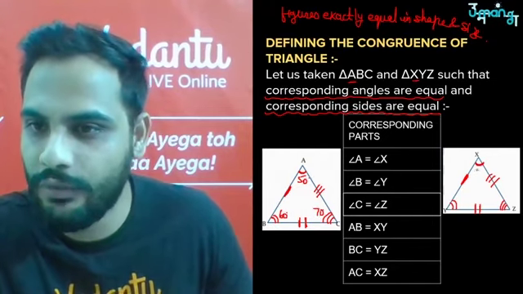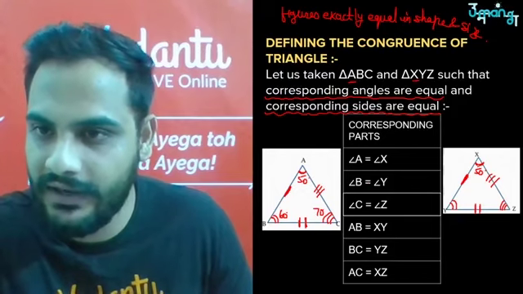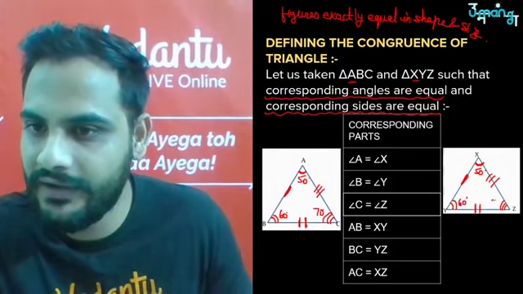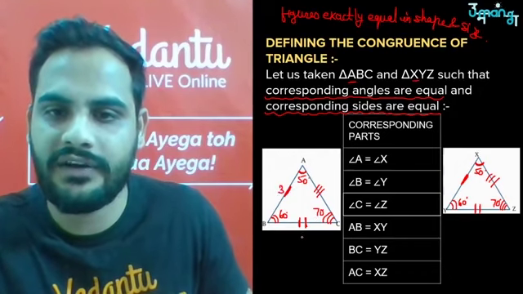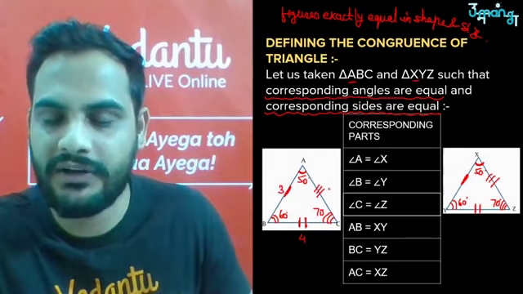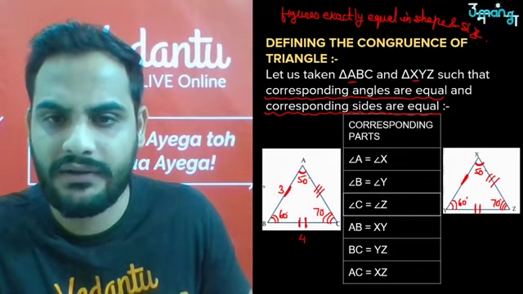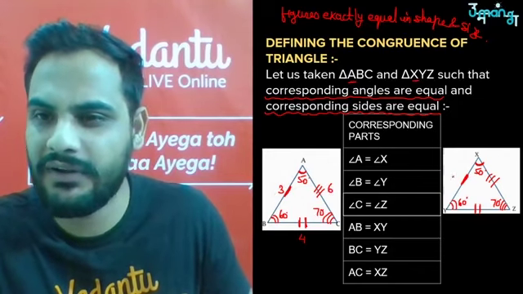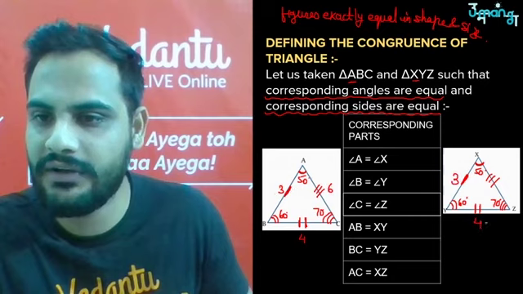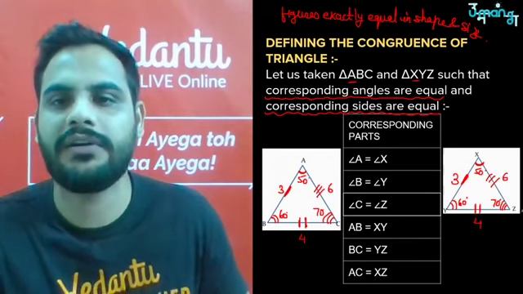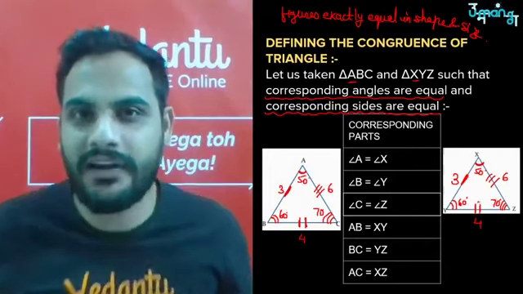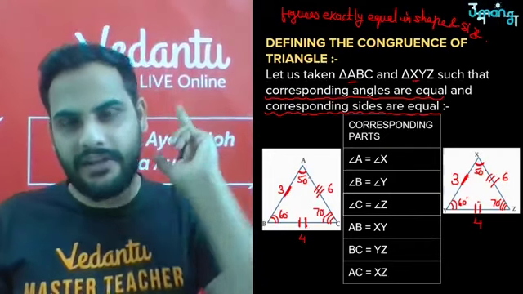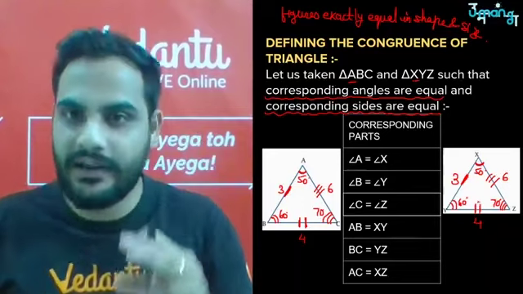If they are congruent, this angle will be 50, because A and X, B and Y, C and Z are corresponding. And let's say the sides are 3 centimeter, 4 centimeter, and 6 centimeter. Here this will also be 3 centimeter, 4 centimeter, and 6 centimeter, exactly equal in shape and size. Then only they will be exactly equal. Remember, corresponding angles are equal, corresponding sides are equal.